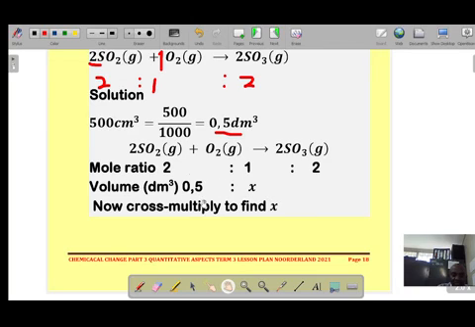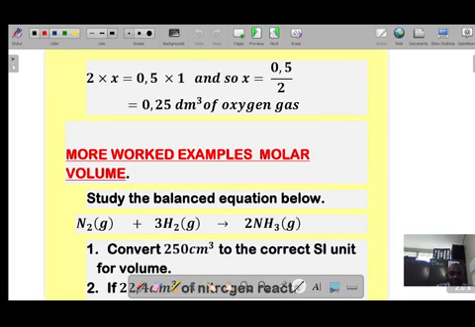So I'm going to cross multiply now: 0,5 multiplied by 1 equals 2 multiplied by x. That is 2x. And 0,5 times 1 is 0,5. So I divide by 2 both sides, which gives me 0,25 decimeters cubed.